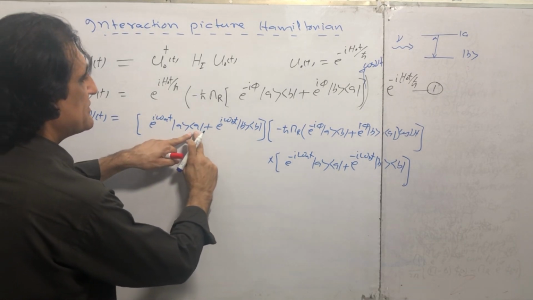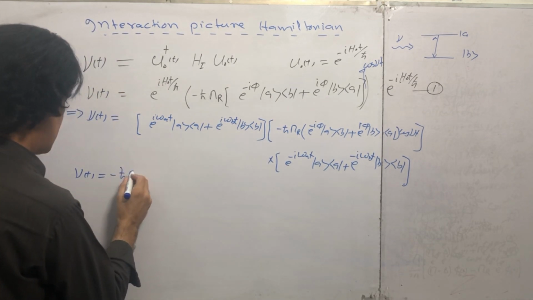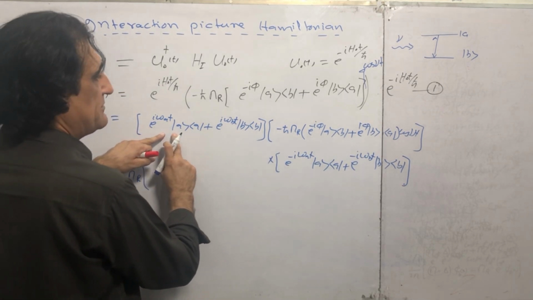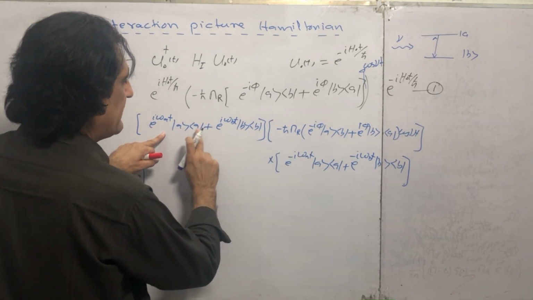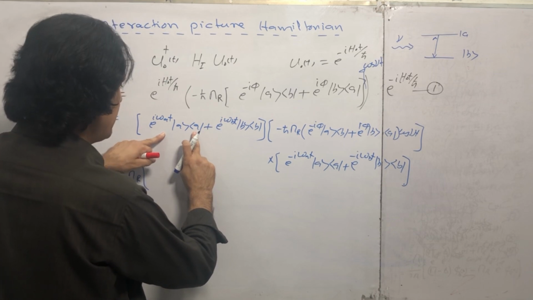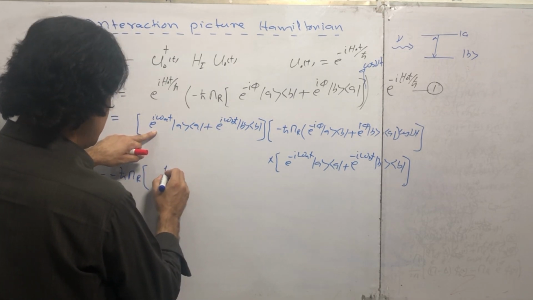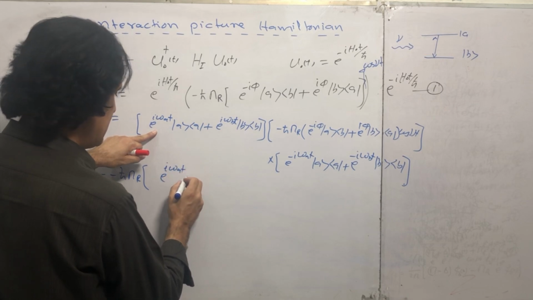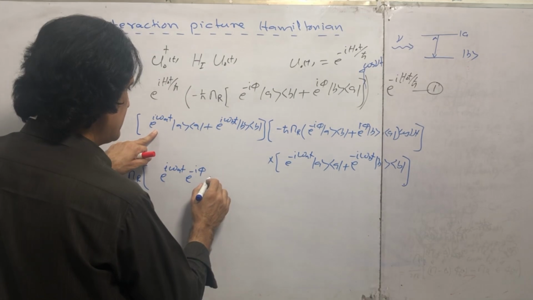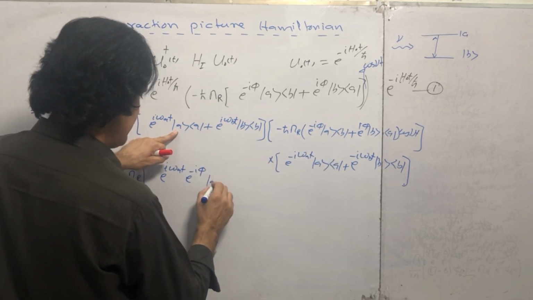If I multiply this term with this, we must have minus h cut omega r. We can take this common. This term with this: a multiplied with a becomes 1, and we have e to the power iota omega at and e to the power minus iota phi, and we have remaining a and b.